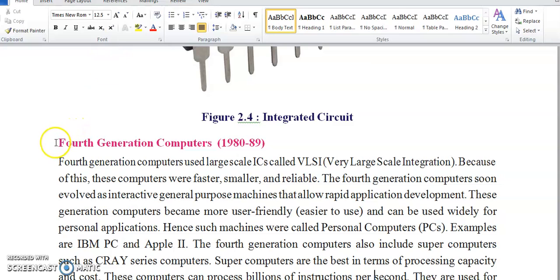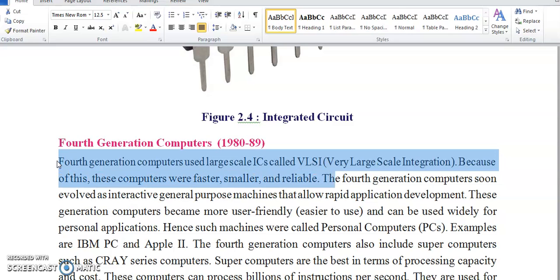Now, fourth generation computers. Duration is 1980 to 1989. First generation vacuum tube, second generation transistor, third generation IC, and fourth generation computers use VLSI, very large scale integration. Because of this, computers became faster, smaller and more reliable.